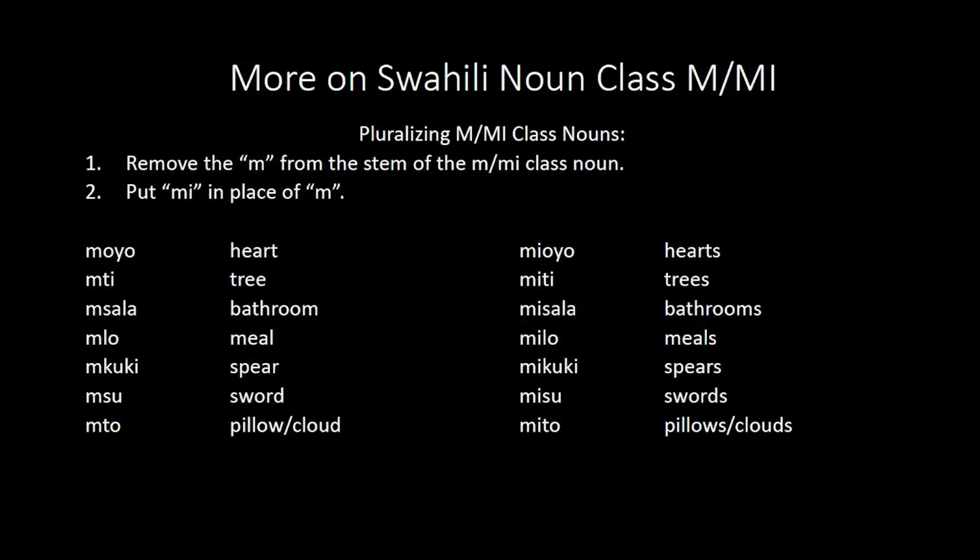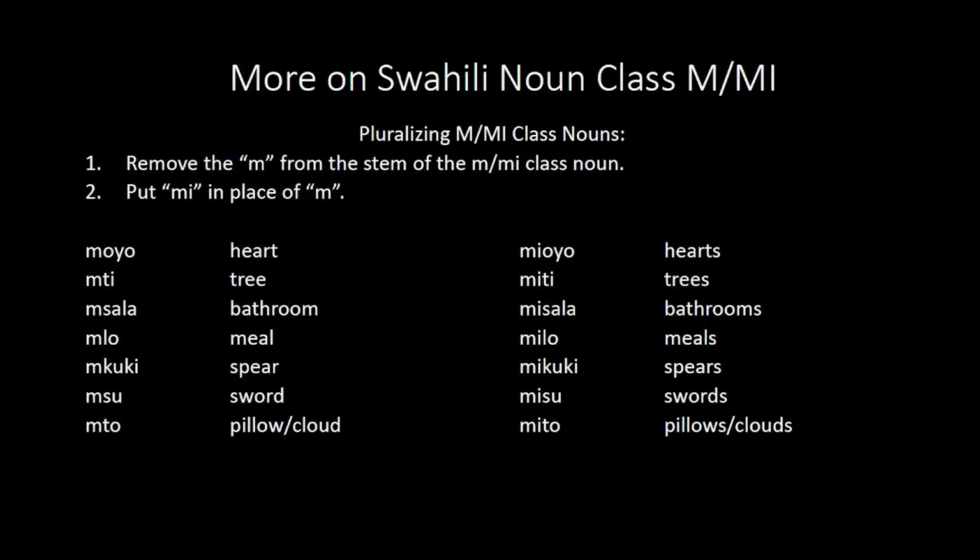So you go from moyo to mi oyo, or from heart to hearts. Let's do tree. Mti. You remove the M and you add MI, and mti becomes what? Did you say miti? If you did, you're correct. Miti.